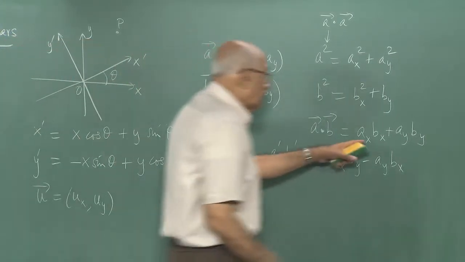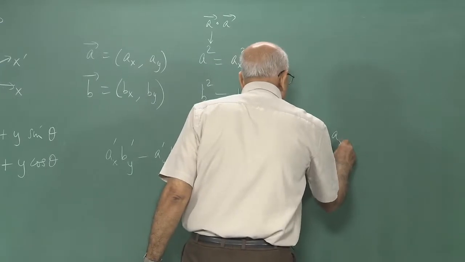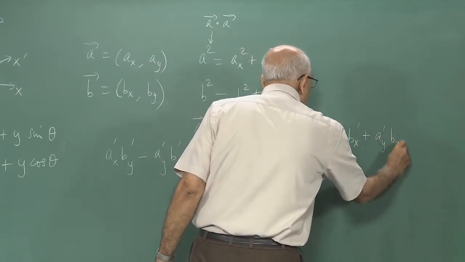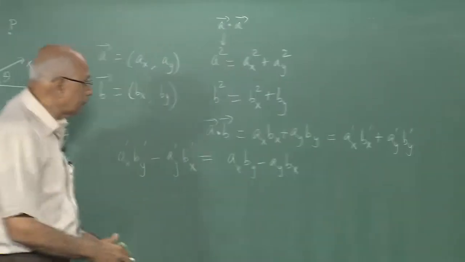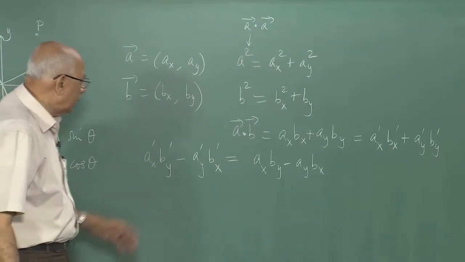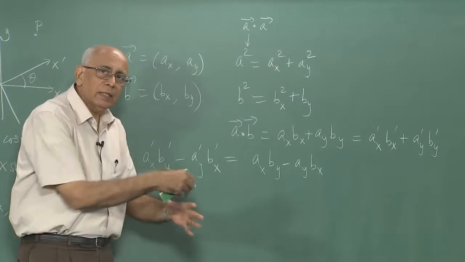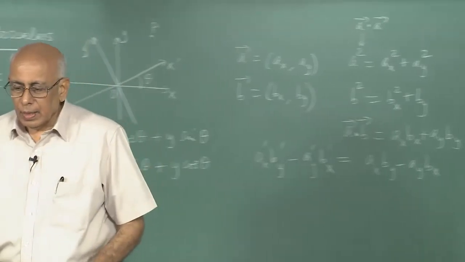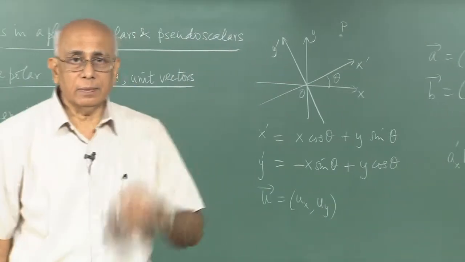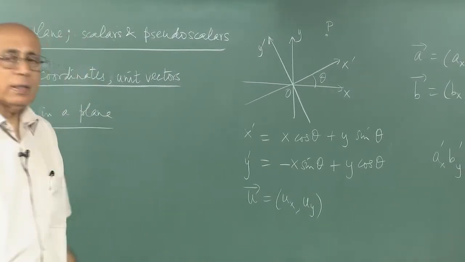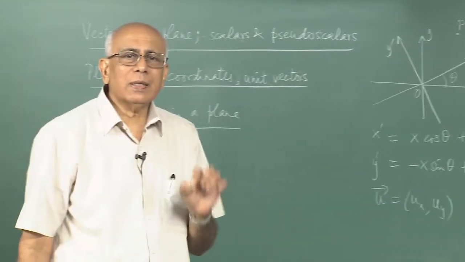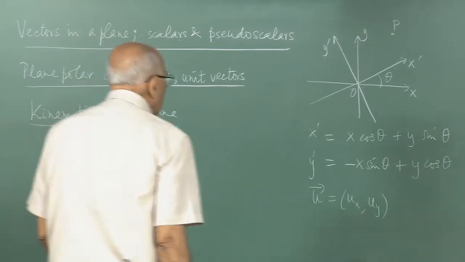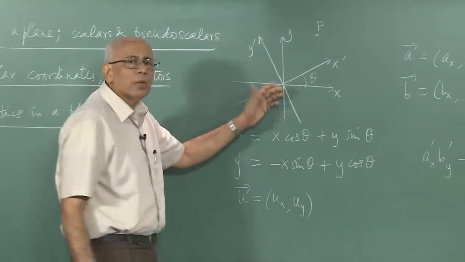So just as this quantity was equal to ax prime bx prime plus ay prime by prime, in exactly the same way, this antisymmetric combination also remains unchanged under rotations, and therefore we would call it a scalar. But it is really a slightly different kind of scalar than the scalar we have been talking about, because so far we restricted ourselves to pure rotations.